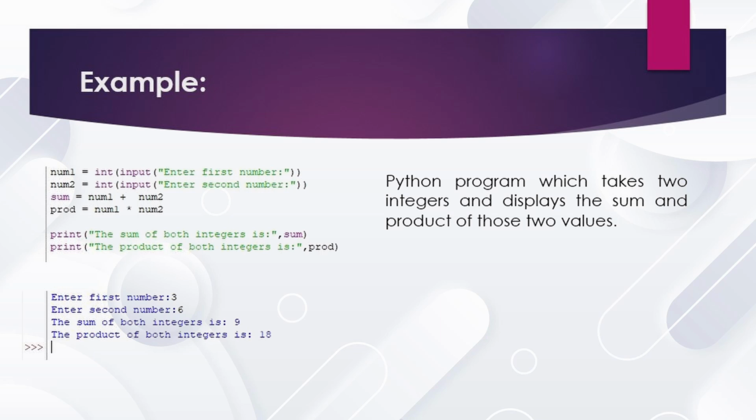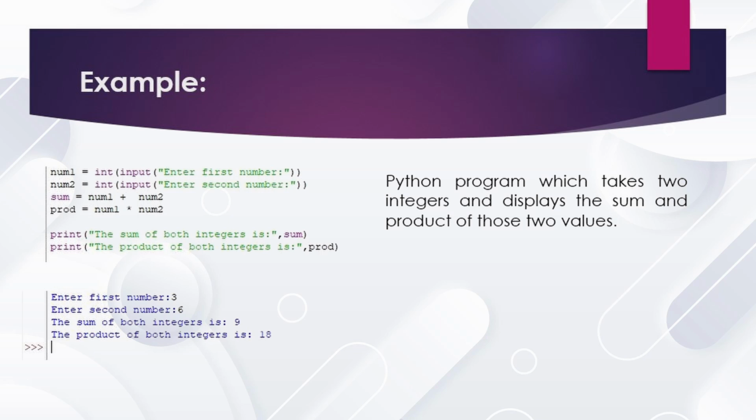Next, let us look at another Python program which takes two integers and displays the sum and product of those two values. In this example, the program asks the user to input two numbers, which are then converted to integers and stored in the variables num1 and num2.